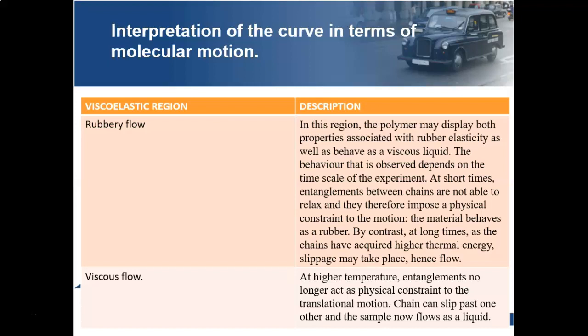Okay, in the rubbery flow, the chains have acquired higher thermal energy, slippage may take place, hence flow. The last stage is the viscous flow, whereby at high temperature, the entanglements no longer act as physical constraints to the translational motion, and chains can slip past one another, and the sample now flows as a liquid.